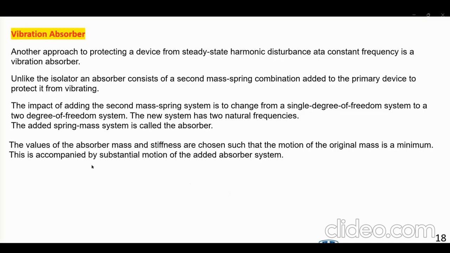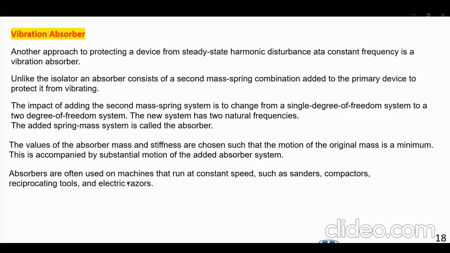So basically, the whole idea is to take the machine, add to it a mass, which is connected to the original machine through a spring perhaps, which has some stiffness, and instead of the machine vibrating violently or largely, the machine's vibration itself is reduced or completely eliminated, but at the cost of that added mass violently vibrating. Okay.